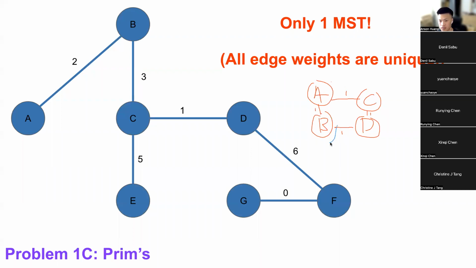You can have something like this, you can have something like that. So in the situation where there's only one MST, all edge weights are unique. However, in some cases, when edge weights are the same, there might be more than one MST. But either way, the cost of all MSTs is going to be the same by definition.